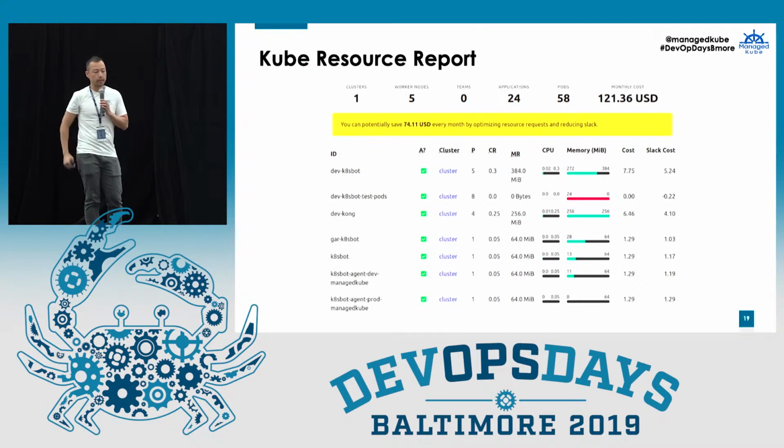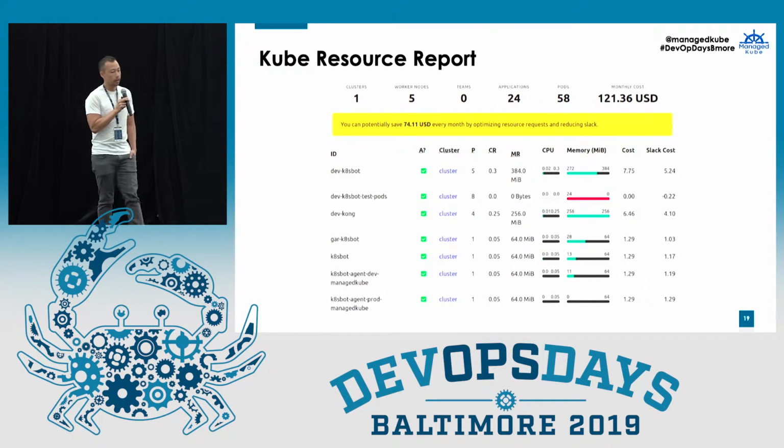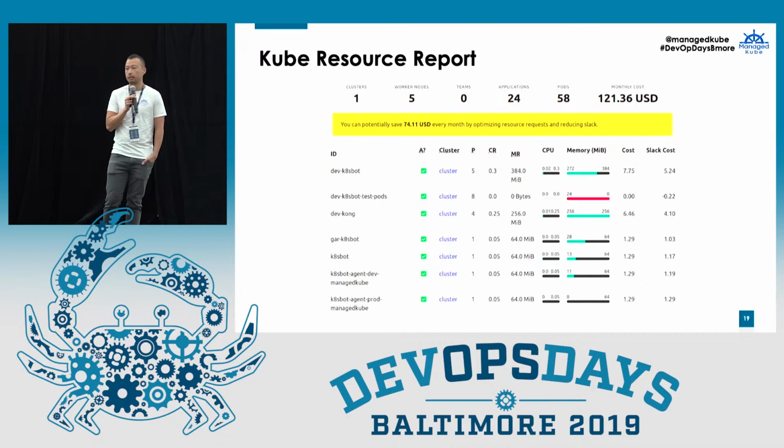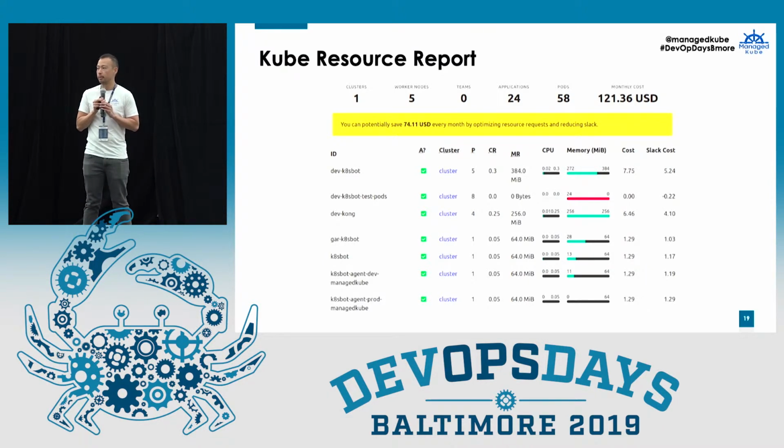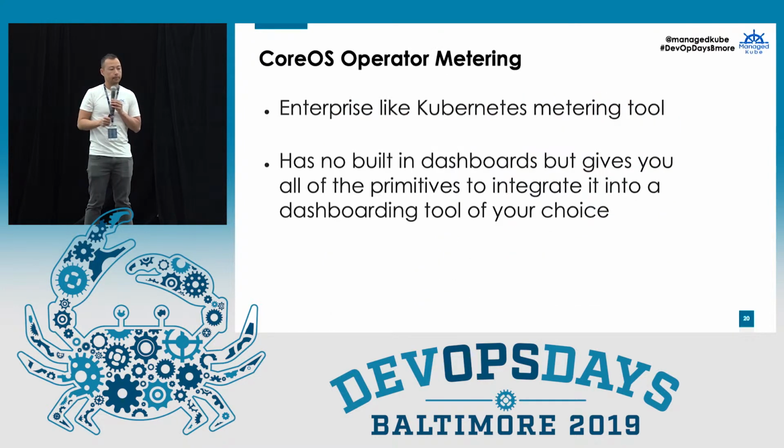Another tool is kube state report. This tool does not use any third-party resources like Prometheus or kube state metrics. It's all built in. It talks to the Kubernetes API directly and gets this information itself, and then it calculates the same type of costs and gives you the dashboarding available to it.